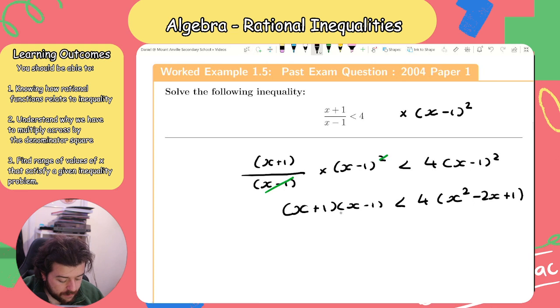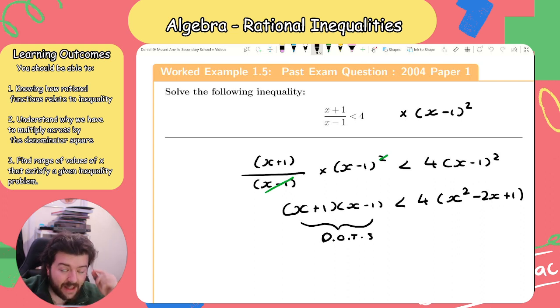I could go to the effort of multiplying this out, but I notice that the left side is a factorized form of a difference of two squares.